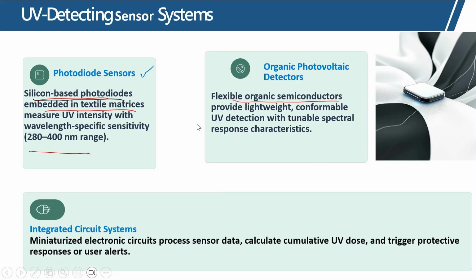Integrated circuit system: miniature electronic circuits which get the data and calculate cumulative UV doses, and then trigger the protective response or user alert.